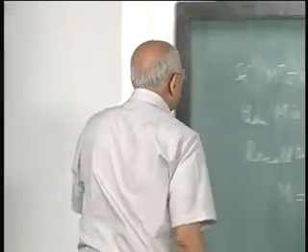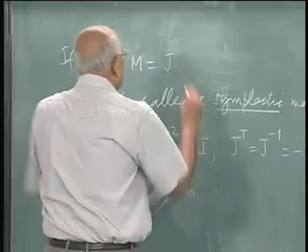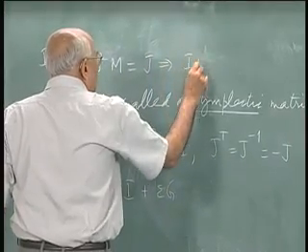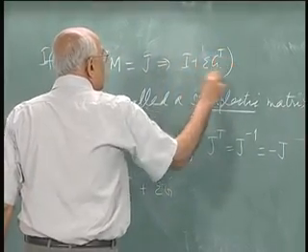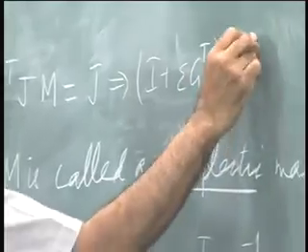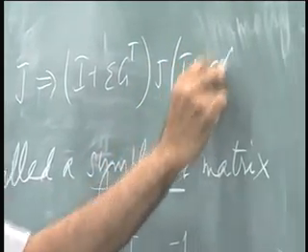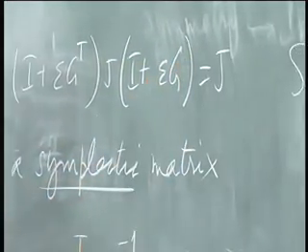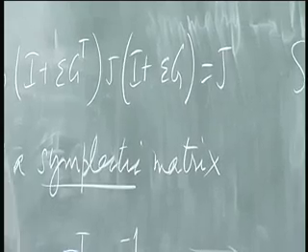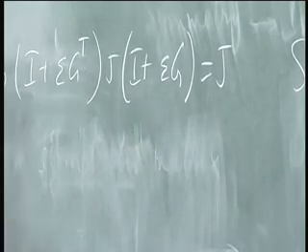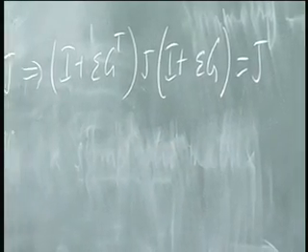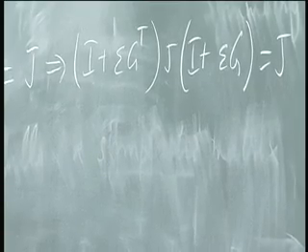Plug that in here and what do you get? This implies (I plus epsilon G) transpose J (I plus epsilon G) equal to J, and let us open it out, and you have to retain terms to first order in epsilon.